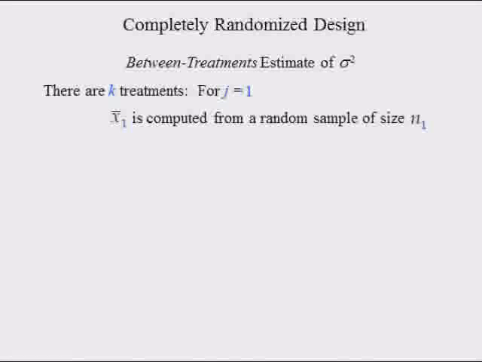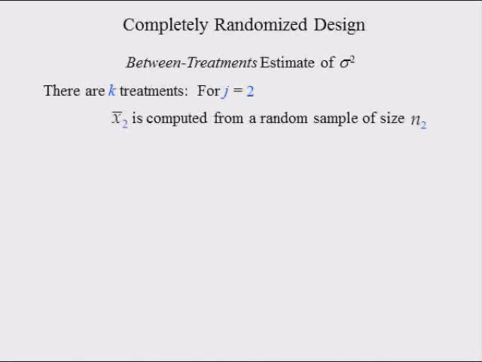For the first population, j equals 1. Sample mean x bar 1 is computed from a sample of size n1. X bar 1 is used to estimate the population mean from population 1. For the second population, j equals 2. Sample mean x bar 2 is computed from a sample of size n2.